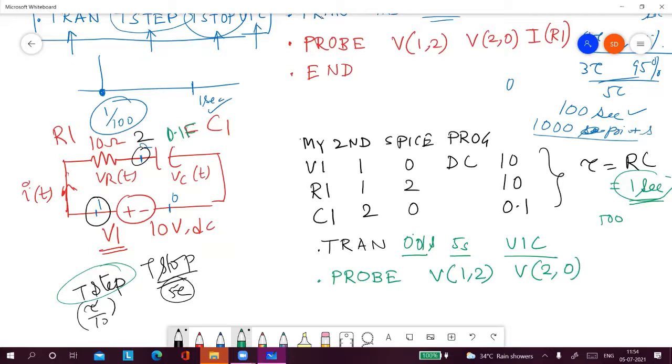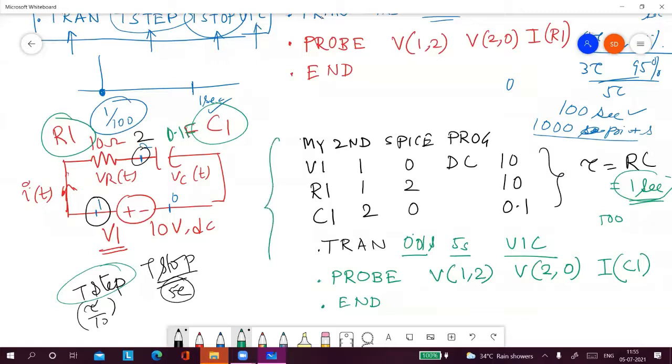The current is the same through resistance and capacitance because they are in series. So you can write I for current and plot the current through R1. You can also write IC1 because they are in series. Now finally you write .end. That is the end of the program.